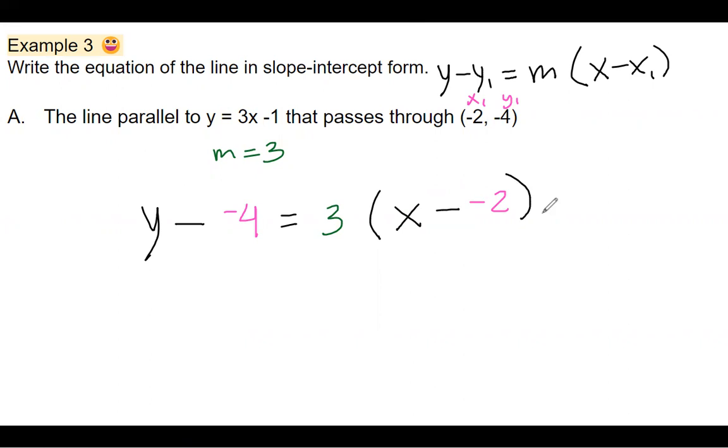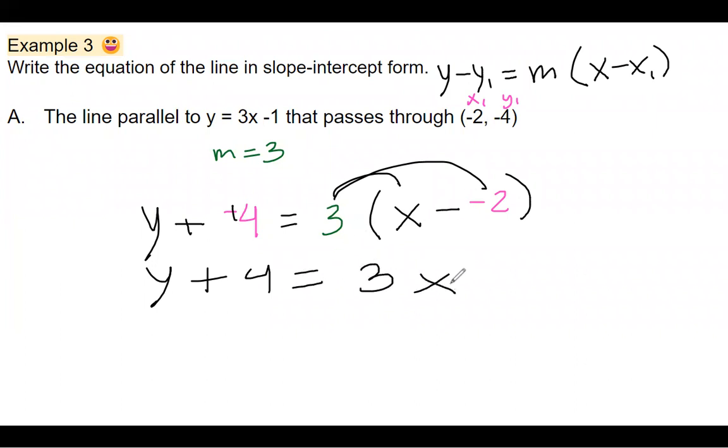Okay, our next job is to simplify and isolate y. My left side, how can I simplify? I do the keep-change-flip. And on my right side, I need to distribute that beautiful 3. So I have now y plus 4 equals 3 times x is 3x and 3 times 2 is +6.